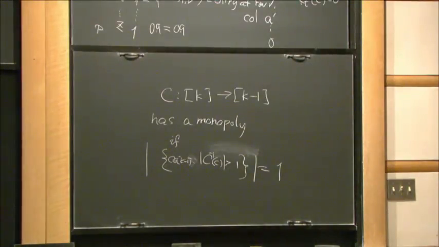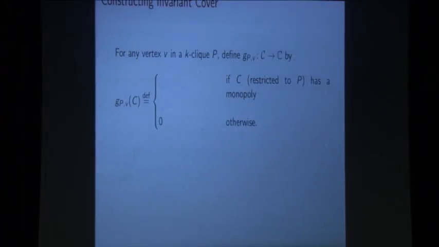And V has to be not one of them. Okay, so we want it to satisfy certain conditions related to monopoly. The intuition is that its complement would be like a clique, so you are counting cliques somehow.